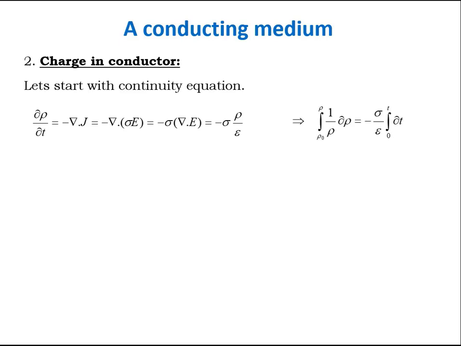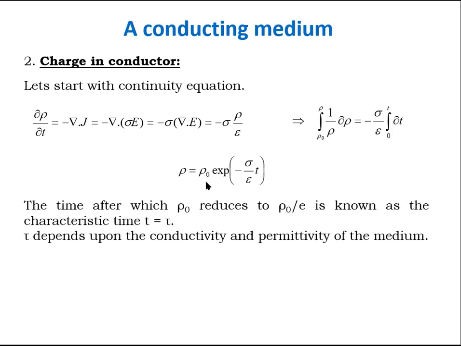Now we get the integral equation for the charge density, and solving it gives this solution. This equation indicates that as time passes, charge on the conductor decreases exponentially. Here, rho naught is the value of charge density on the conductor when time starts, or at t equal to 0.